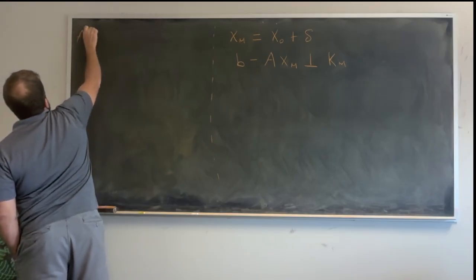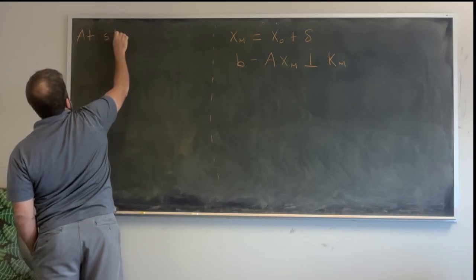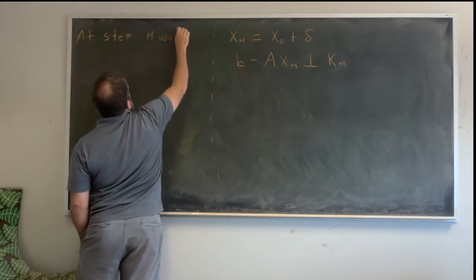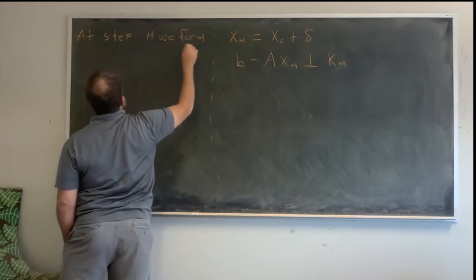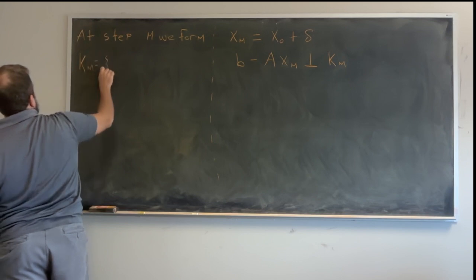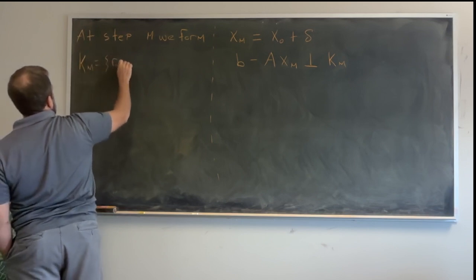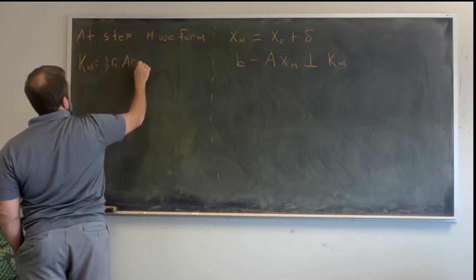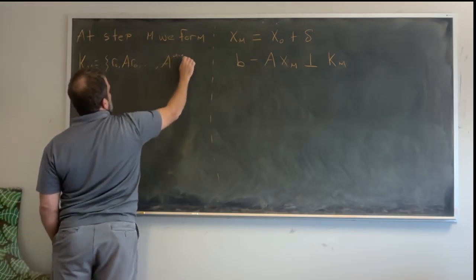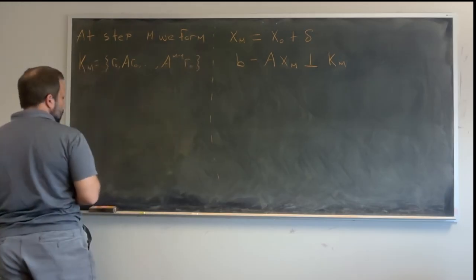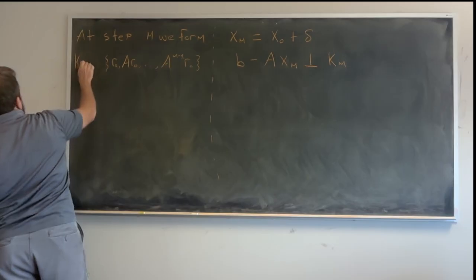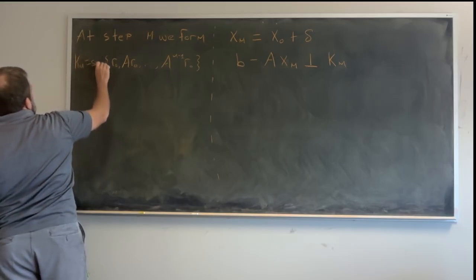So at step m, we form the subspace Km, which is r0, Ar0, all the way up to A to the m minus 1, r0, and it's actually the span of this, so Km is going to be equal to the linear span of this set.